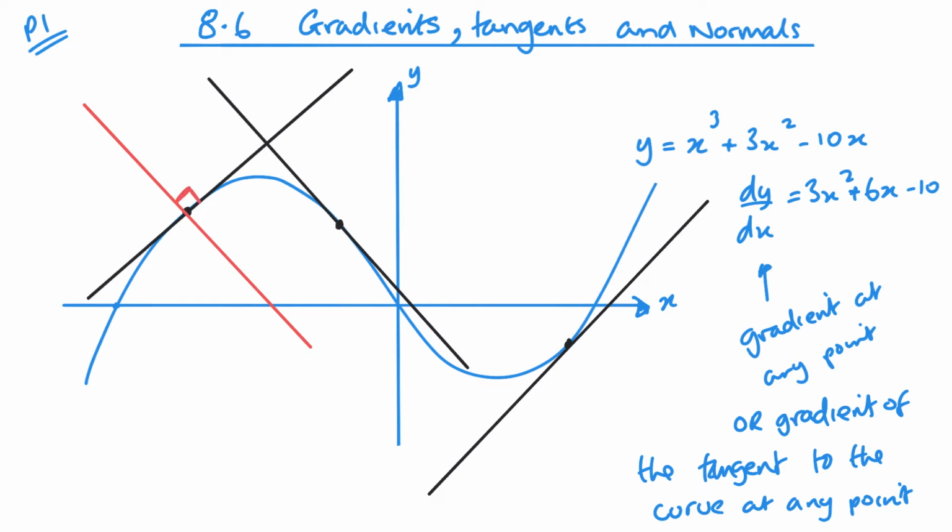You can see it makes a 90-degree angle there. Normal at this point, and a normal at my final point. All of these make 90 degrees to the tangent.